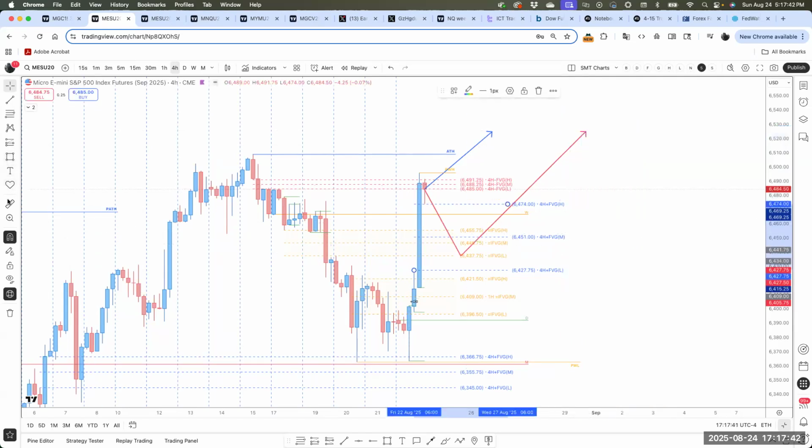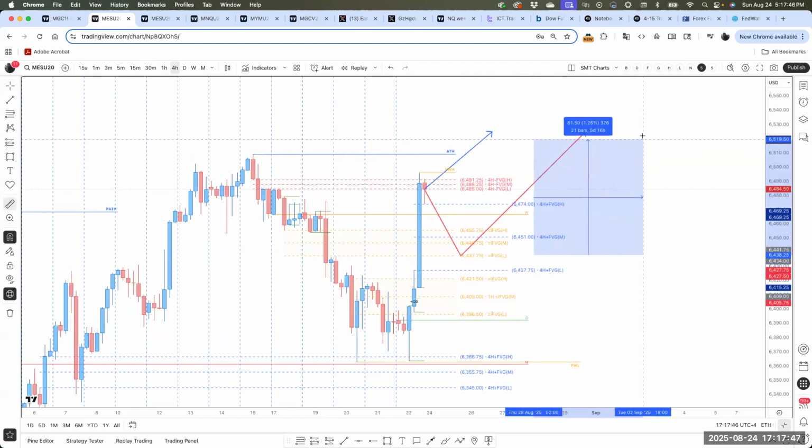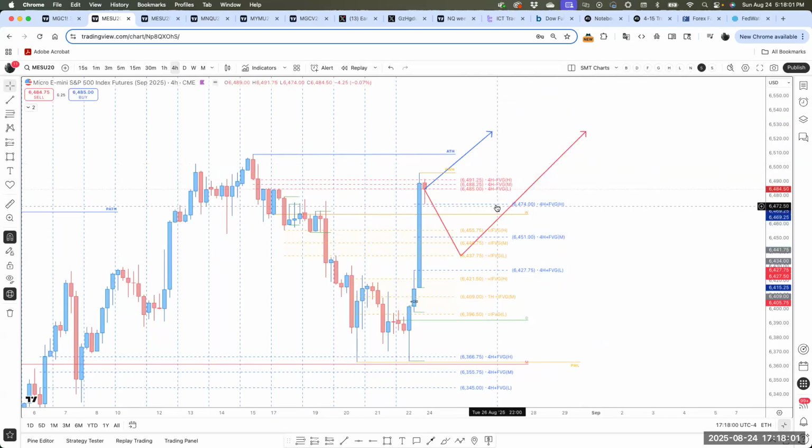If it comes all the way down and holds, now you're looking at almost 880 points, 88 points, 880 pips as the potential for that move. So do you want the 400 down or do you want the 880 up? Which one do you want? That's what you've got to debate.